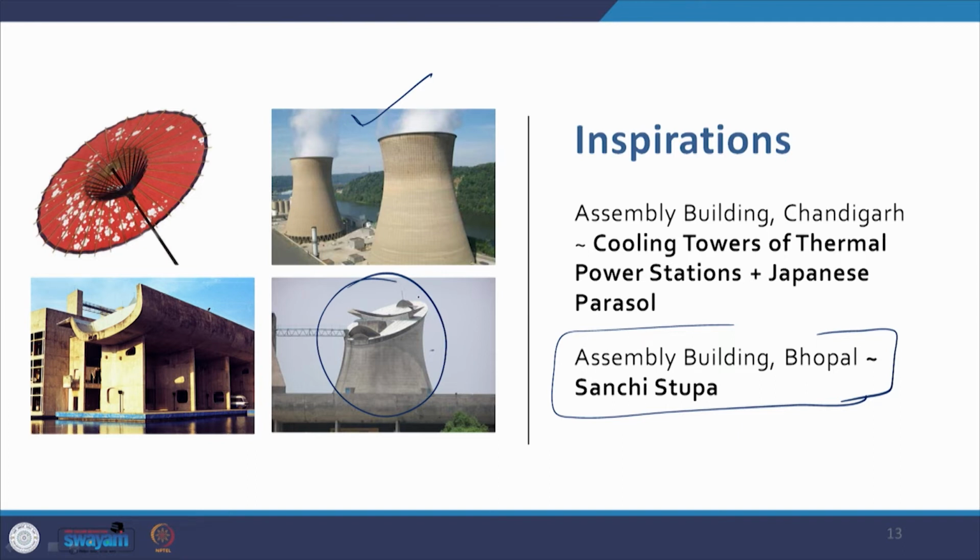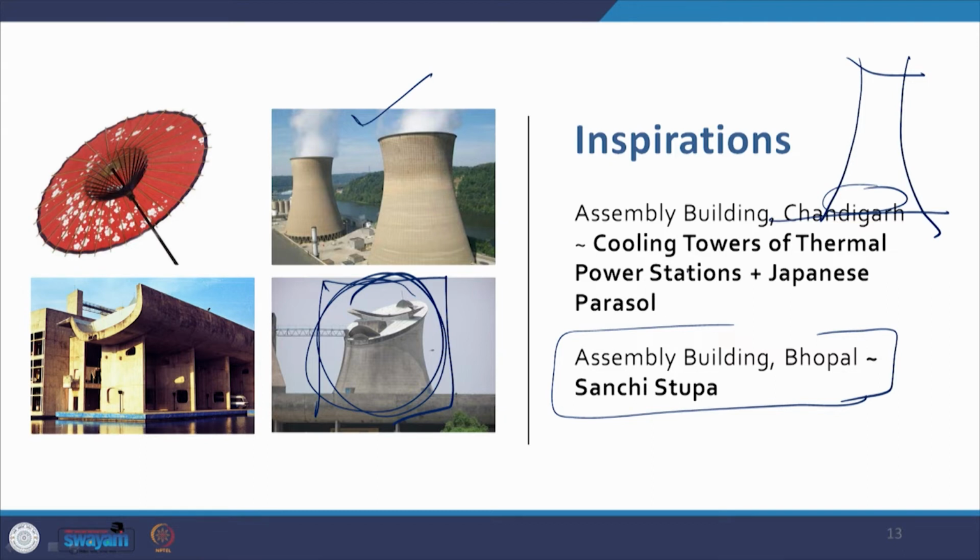Here in this case, this feature in the assembly building is in response to the cooling towers of the thermal power stations, and I'll drop the hint here and talk about it later, that this feature that you see here actually goes all the way down into the section of the building, and that is where the assembly hall proper is, where the state legislators all meet.